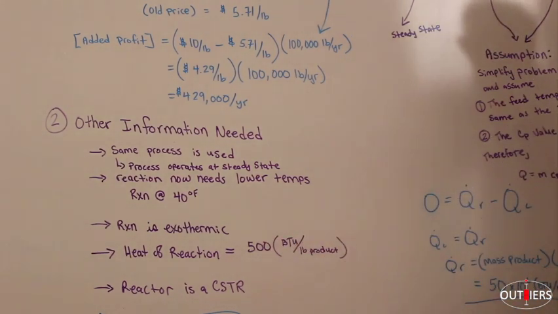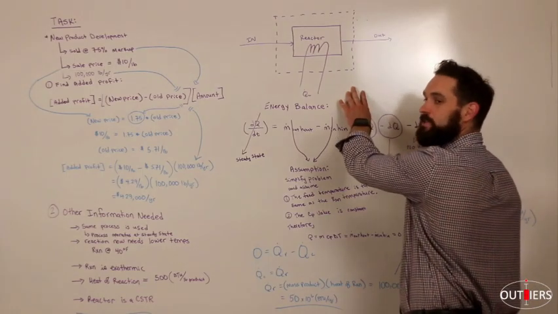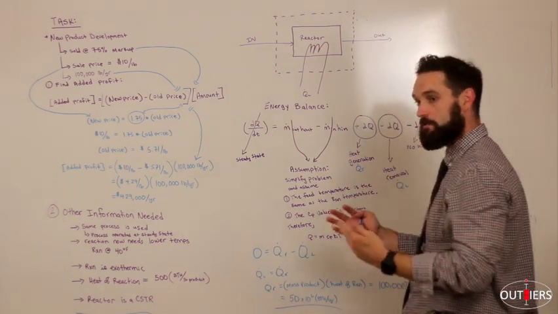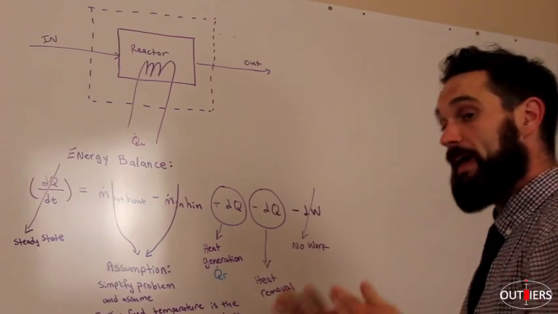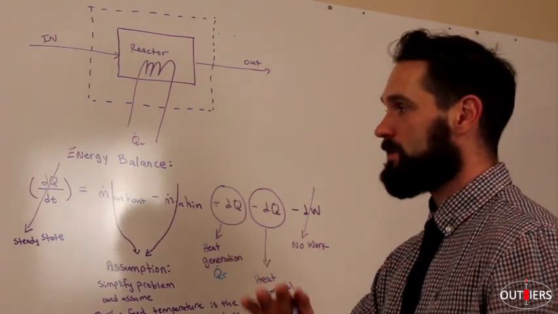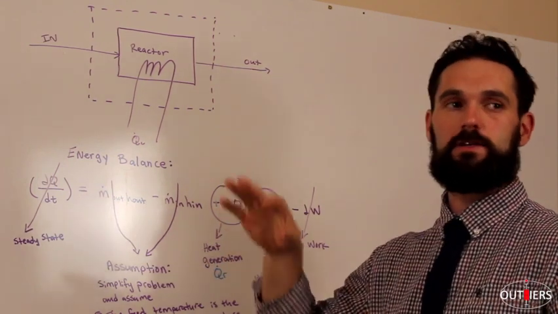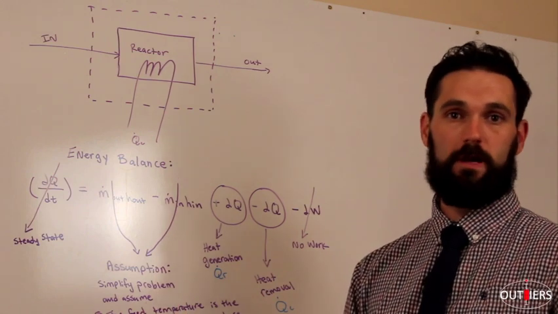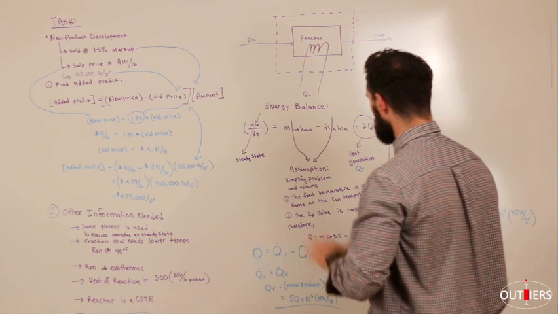So what we need to do is figure out, on this reactor, we need to develop an energy balance to figure out how much energy we're going to have to take out per unit time. And then we can go back to our process flow diagram and put that information and see if it helps us solve what we're looking for, which is ultimately the work of the compressor. How much is the compressor going to cost us to run? So let's look at this.